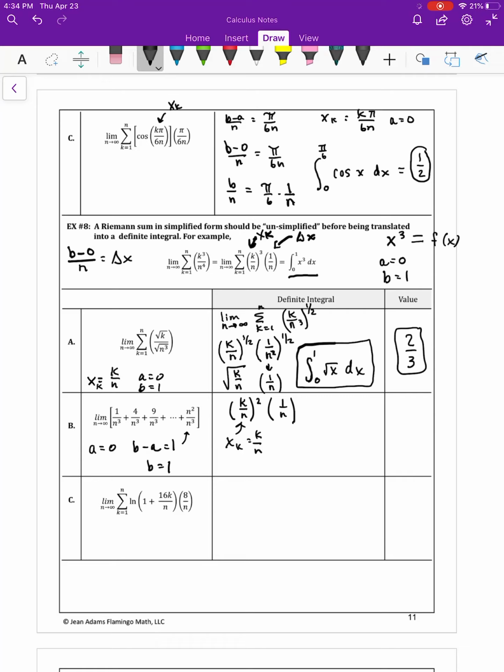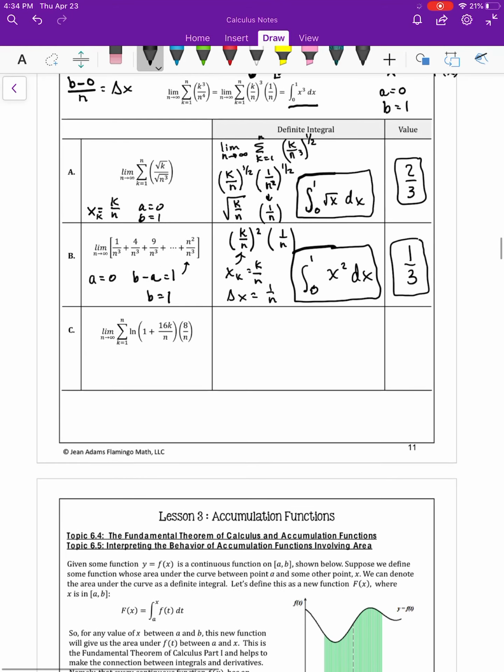And since it's like 1 squared, 2 squared, 3 squared, your k is being squared. So that's why I knew it was k over n squared. So this is what your x sub k is, and your delta x is 1 over n.